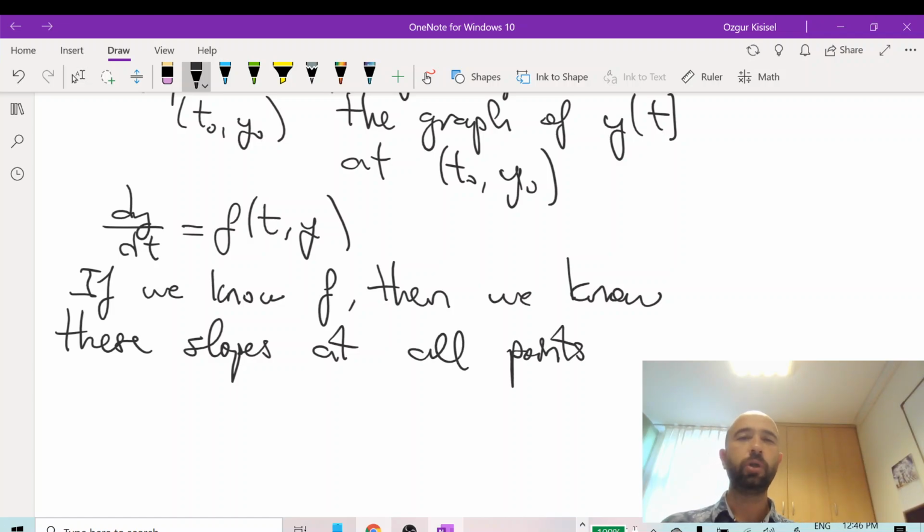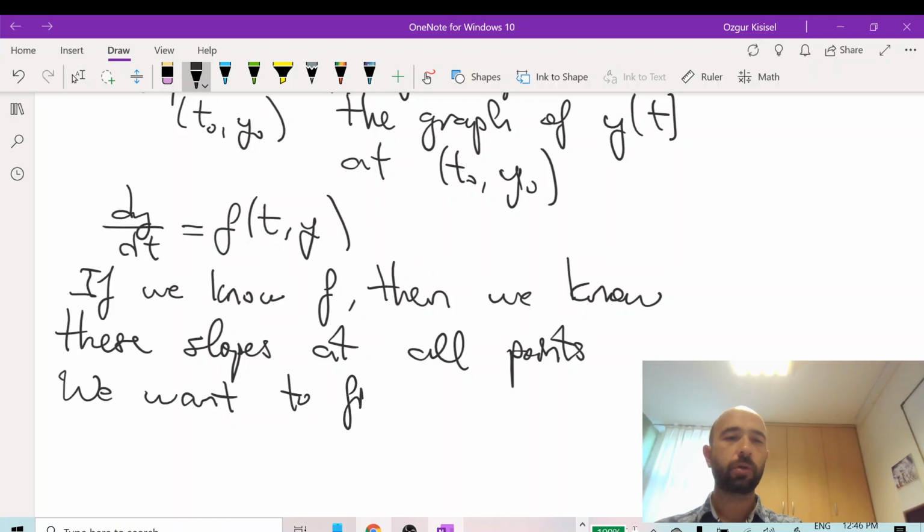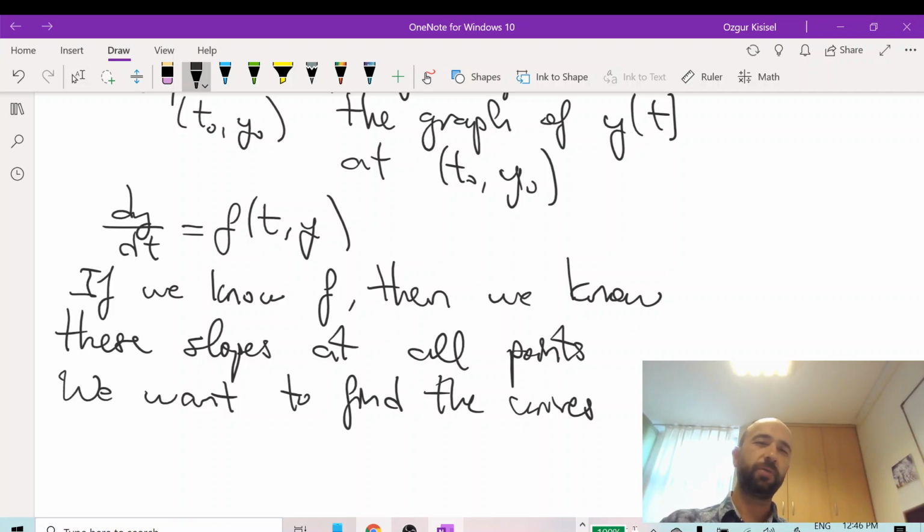And what we don't know and what we want to find are the curves, right? We want to find the curves. If you knew these curves, if you had these curves to start with, you could easily draw the tangents by hand. This is kind of the reverse problem. You have the tangents and you want to reconstruct the curves.